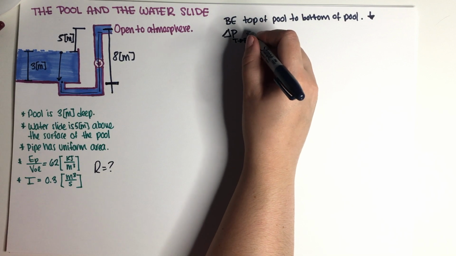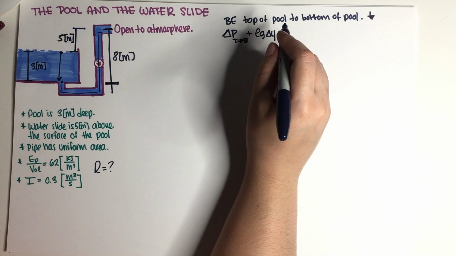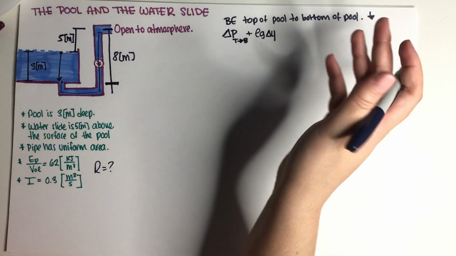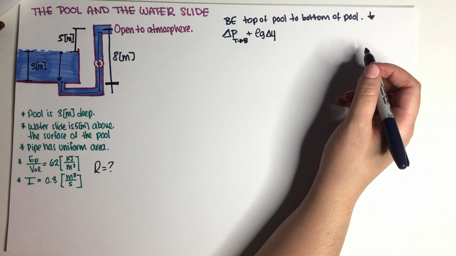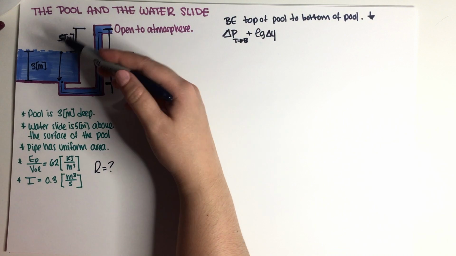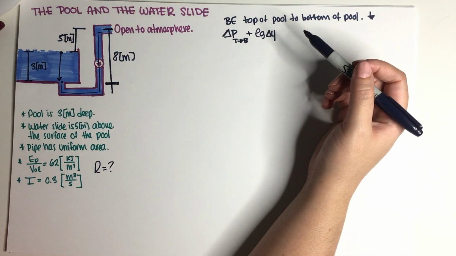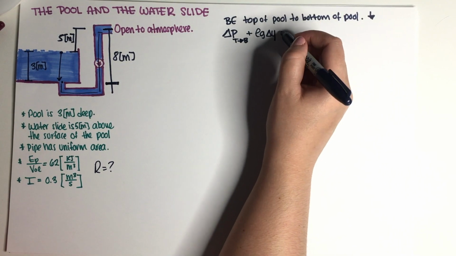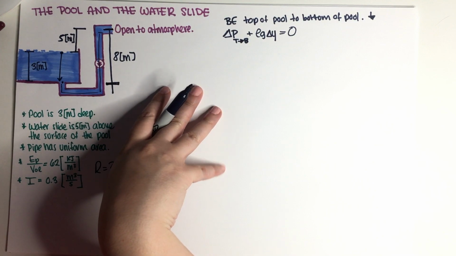We have a change in height, plus rho g delta y. We don't have a kinetic energy term because the water over here is not moving, and also the area is not changing, and it's just a pool. We don't have a pump when I'm going down like this, and we also don't have any flow because the water is not moving, so we don't even have to care about the resistance. So this is going to be equal to 0.